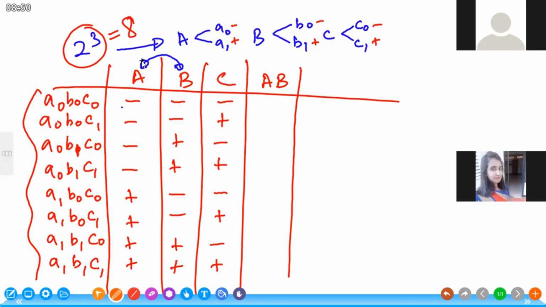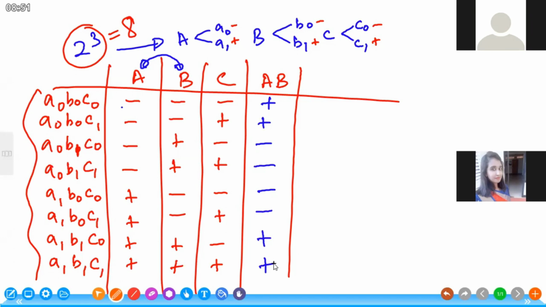Nishani, tell me what is AB first. Plus, plus, good. Minus, right. Minus, yeah. Plus, and plus, good. So you see, this is how the notations have been given.